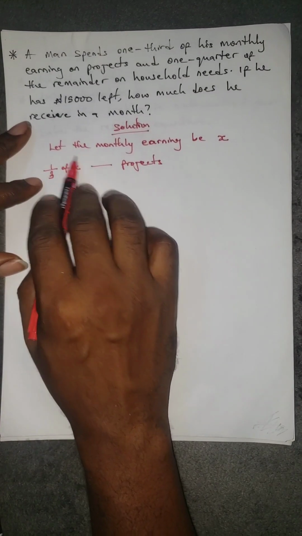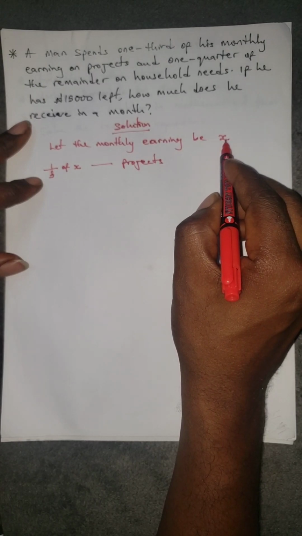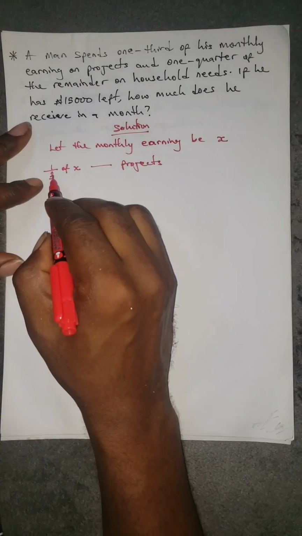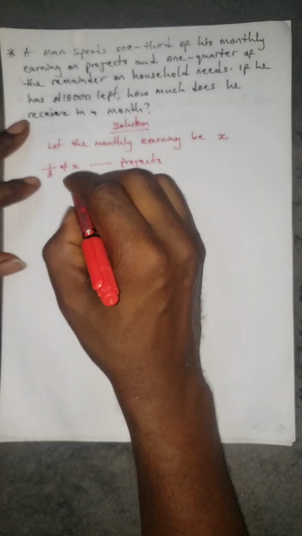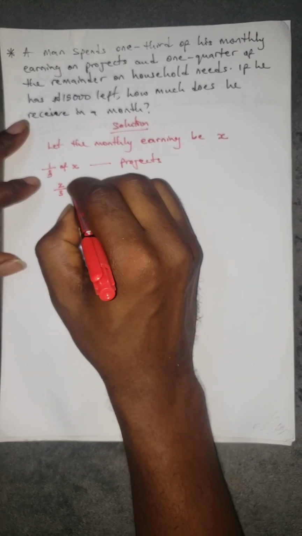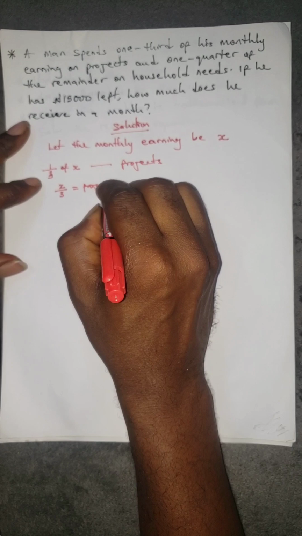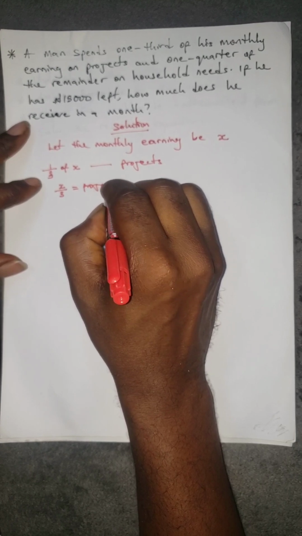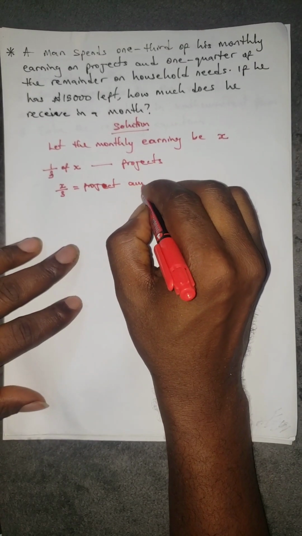So we need to get the remainder. Now the man earns x amount and he spent one third of that x amount on project. That means the money he spends on project is x over 3, that's equal to the project amount.